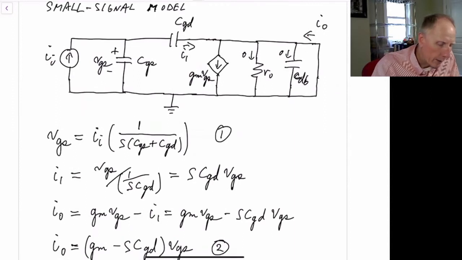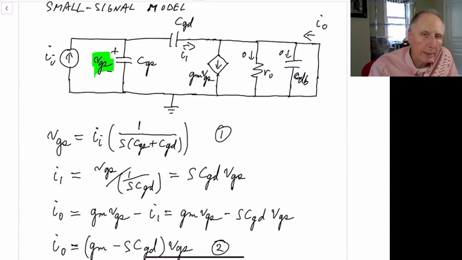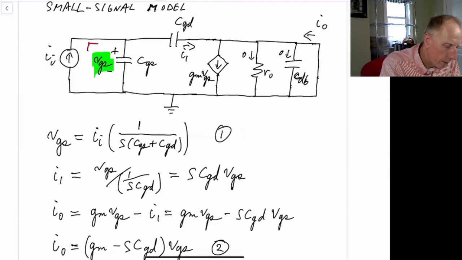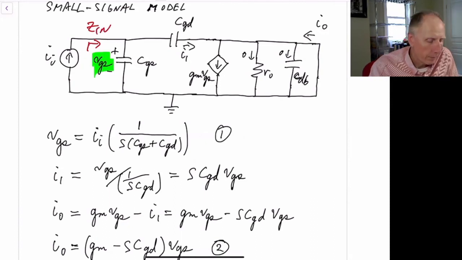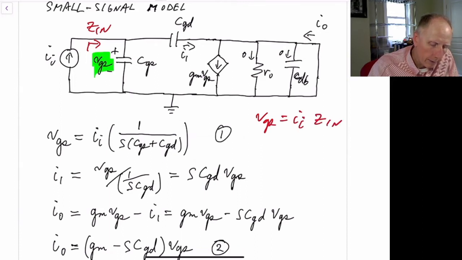So what we can do is look at the gate to source voltage. We need to write down a couple of equations in order to solve what I out over I sub I is. So we have that V sub GS is equal to the input current times Zin.